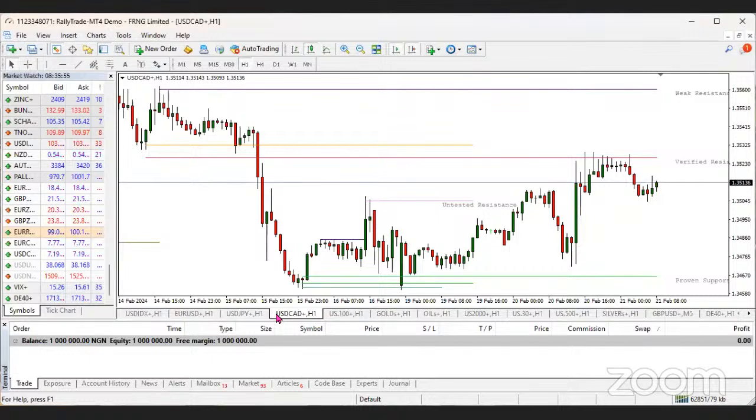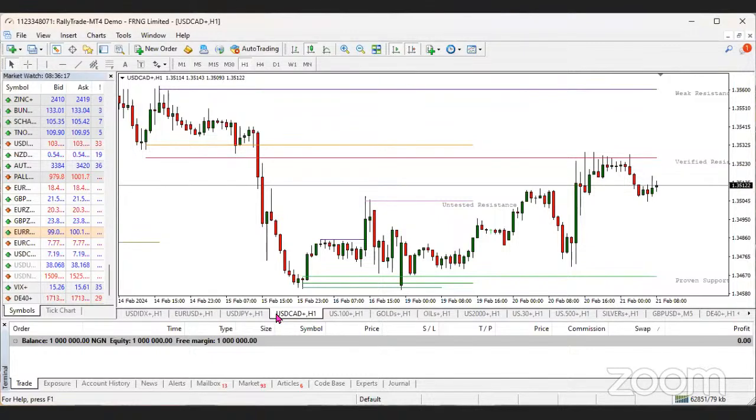Technically speaking, as of what happened yesterday, this verified resistance is a no-go area. I wouldn't want to trade anything close to that verified resistance. The market is respecting it strongly.